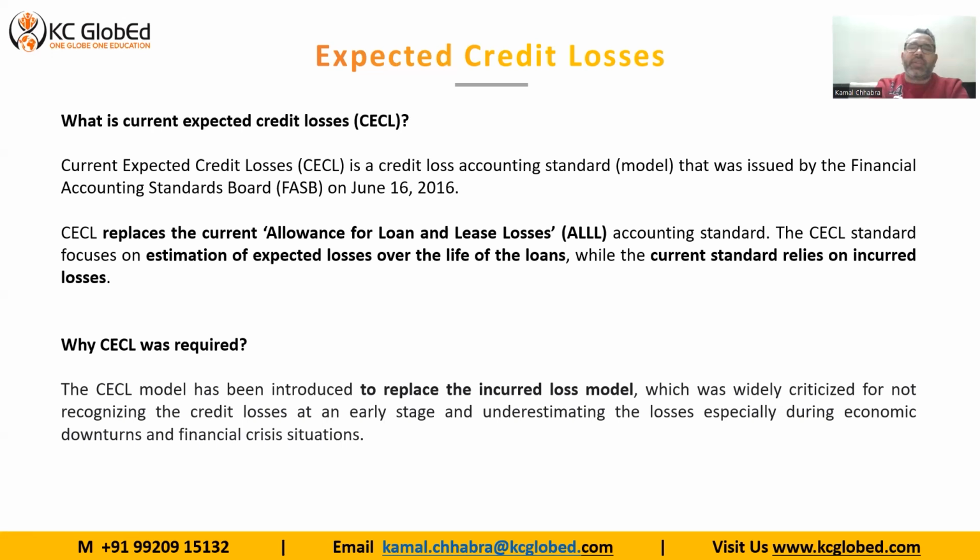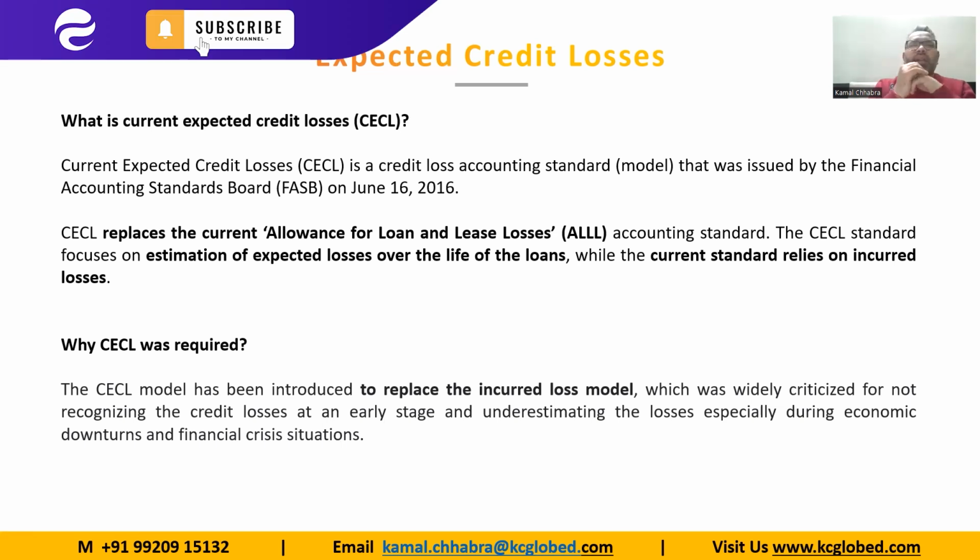So what was the deficiency in the current standard, and why did the need for a new standard come up? Because in the current standard, we estimate the loss based on management's best estimate, but the booking of the expense based on the earlier standard was on an incurred basis. That means as and when you actually incur the loss, you book that loss.